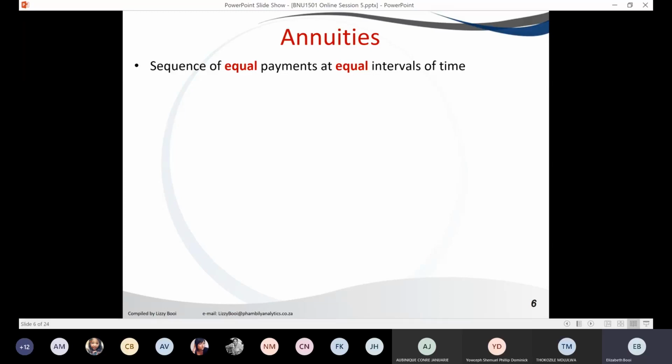You know how much you're going to be paying on a regular basis at a regular interval, and the interval doesn't have to change. In your module, you have to learn how to do that. A payment interval is the time between two consecutive payments that you are making.